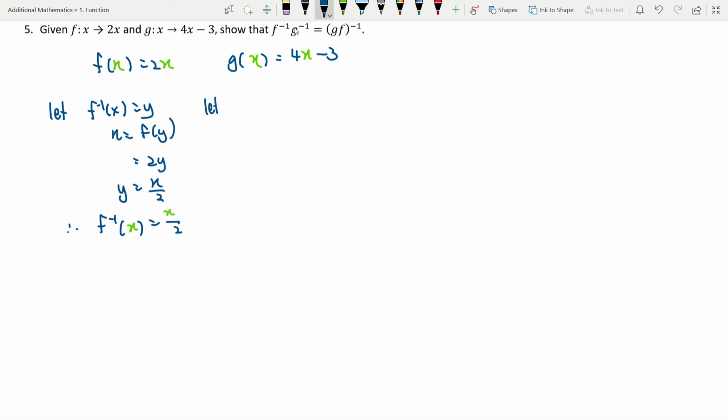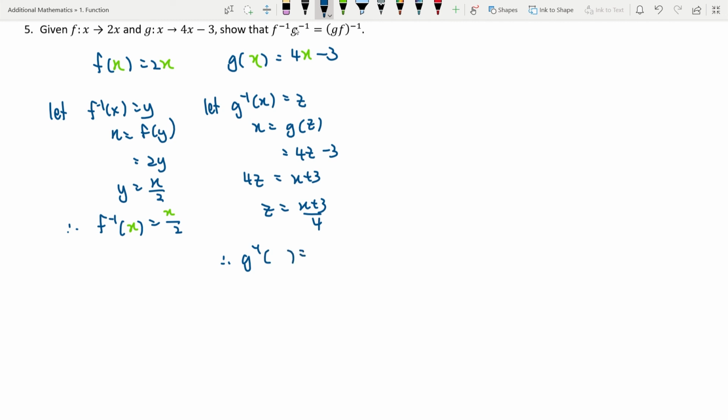Next, we let g inverse of x equal to z, x equal to g of z, which is 4z minus 3. 4z is equal to x plus 3. z is equal to x plus 3 over 4. Hence, our g inverse of x is equal to x plus 3 over 4.